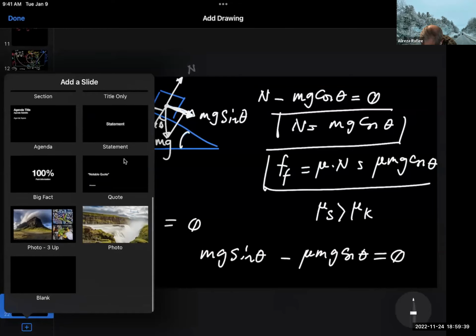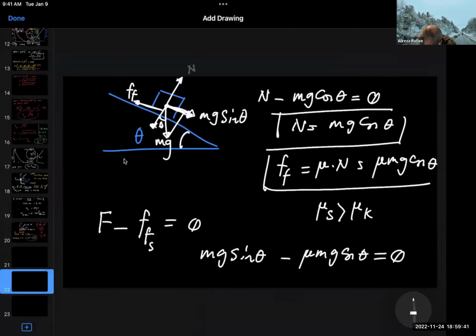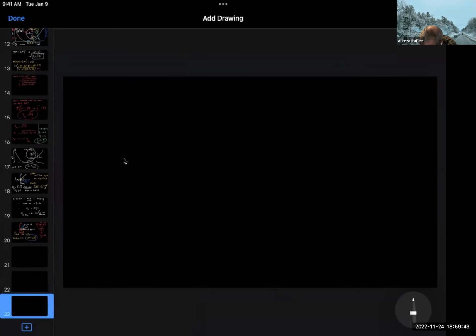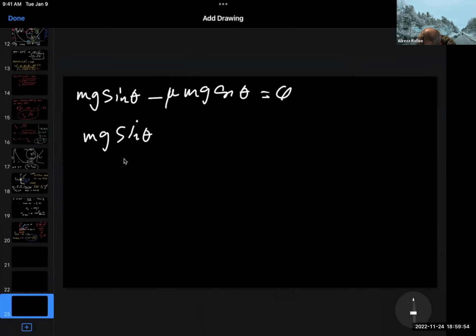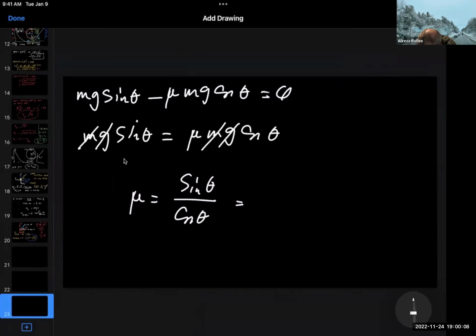Okay, let's take this one and solve it. mg sine theta minus mu mg cosine theta equal to 0. That's mg sine theta equal to mu mg cosine theta. And look what happened: m cancels m, g cancels g. You will get mu is equal to sine theta divided by cosine theta, which is tangent theta.